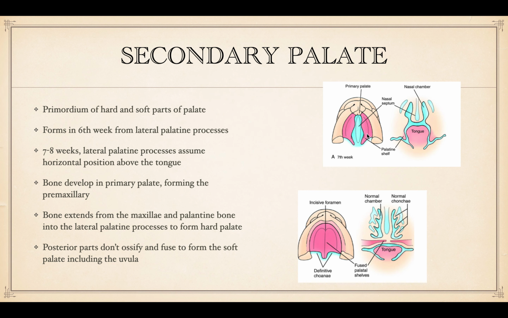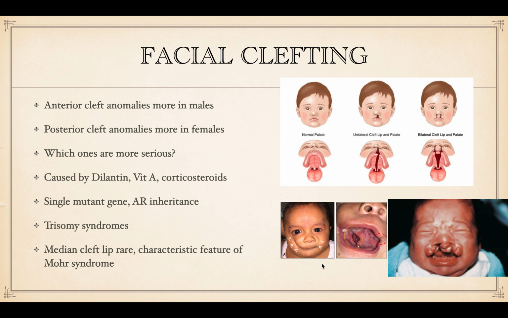And then the bone will develop, they fuse, and then they close. But in the posterior area, they don't ossify, and instead they still fuse but form the soft palate, along with the uvula.